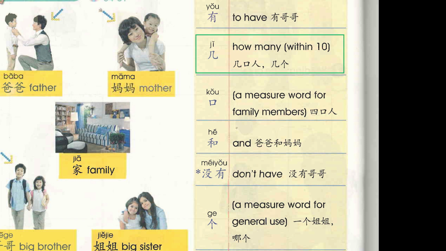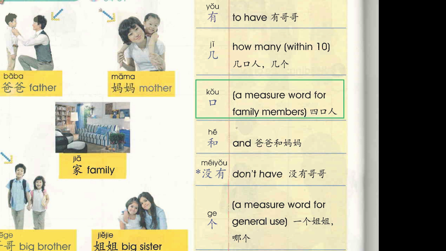二几，and it is generally used for numbers or quantities less than 10. So for example, 几口人，3口。So this is a measure word for family members.